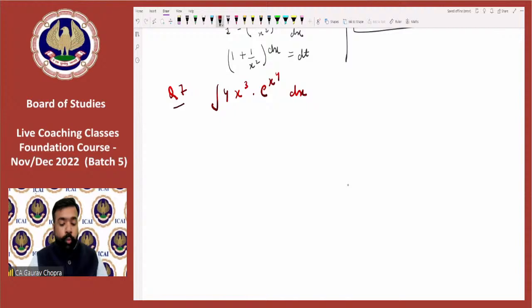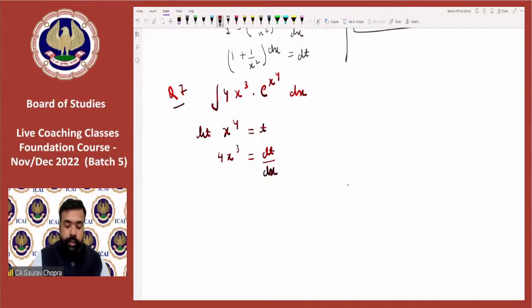If we assume let x to the power of 4 is equal to t, then we can see that 4x cube is equal to dt by dx. So 4x cube dx can be written as dt.